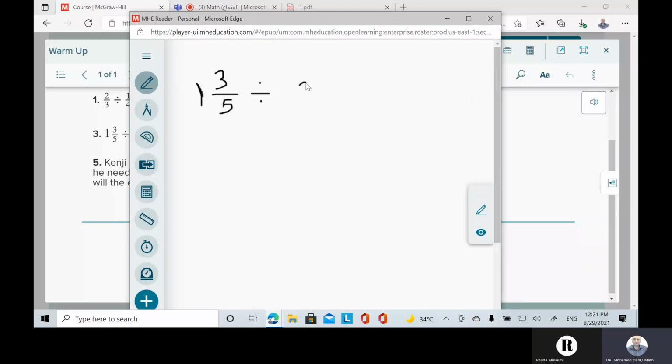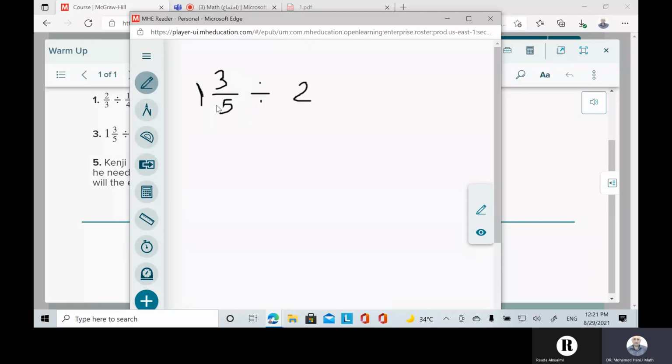Who can remind us what is the name of this form? 1 and 3/5. Is it a fraction or not? So what is the name? Mixed number. When you see a whole number and a fraction at the same time, it means we have a mixed number.